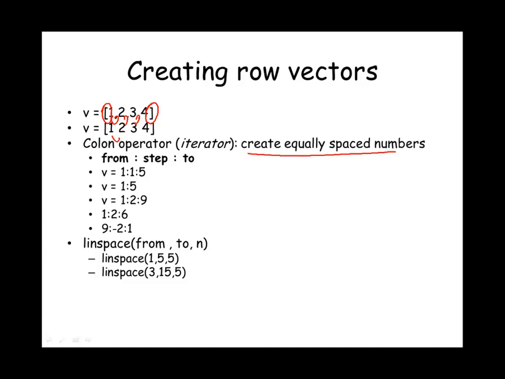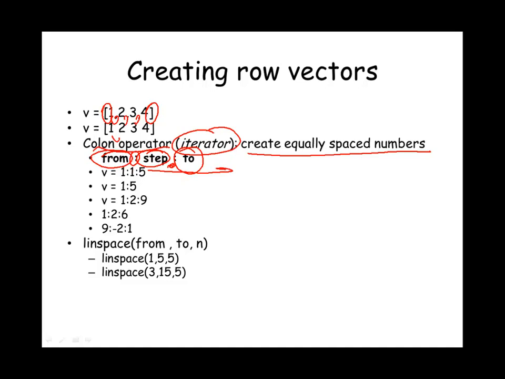To create equally spaced numbers, you can use the colon operator, also called the iterator. And the syntax for using the colon operator is as follows. You would provide the lower bound, followed by a colon sign, followed by the step size, another colon sign, and followed by the upper limit of the numbers you would like to generate.